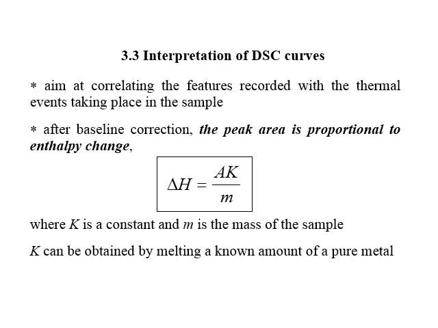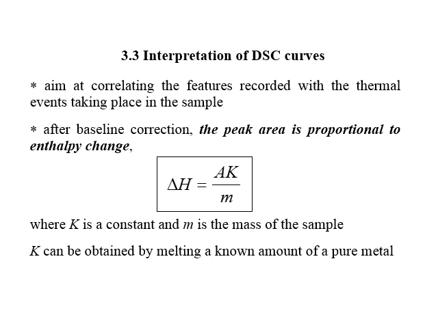When trying to interpret a DSC curve, our objective is to correlate the features with the actual thermal event taking place in the sample. After some kind of a baseline correction, the peak area itself is actually proportional to the actual enthalpy change. So we can relate delta H, or the enthalpy change, to the area of the peak times some kind of a constant and divide it by the mass of the sample.